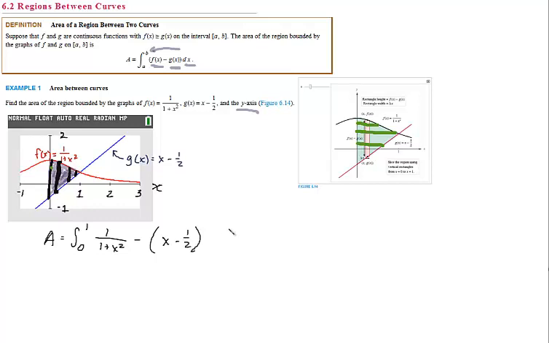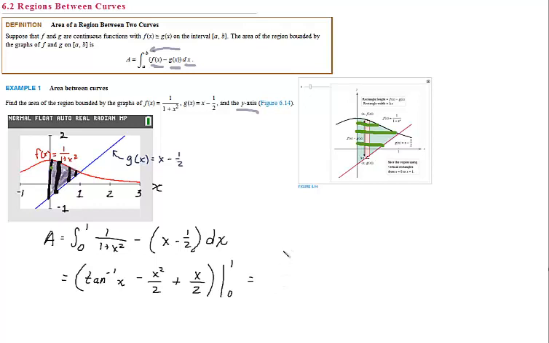And then I'm going to integrate this with respect to x. When I integrate this, I get inverse tangent and just the straight little polynomial. I'm going to plug in a 1, and then I'll plug in a 0, just like we did in Calc 1.